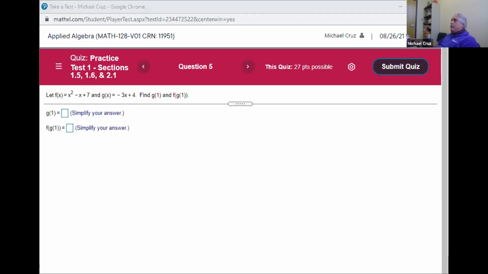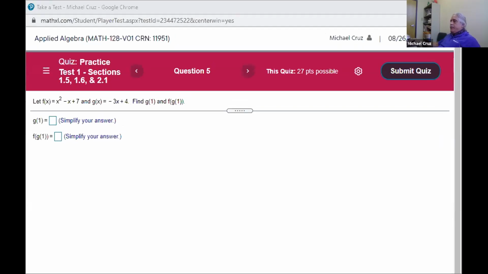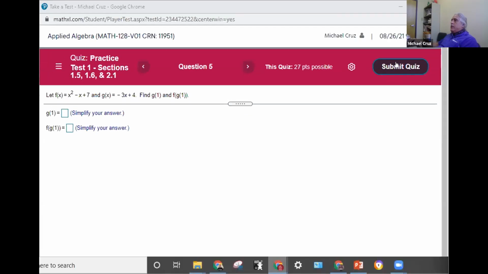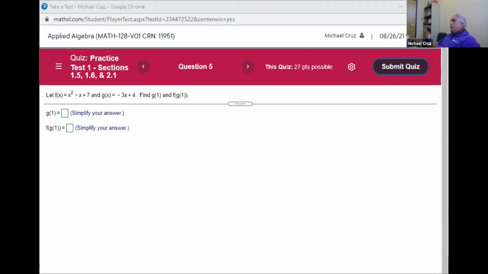And g of x is negative 3x plus 4. Then we're going to find g of 1 and f of g of 1. So now that I've got it written out, I'll reshare my screen.